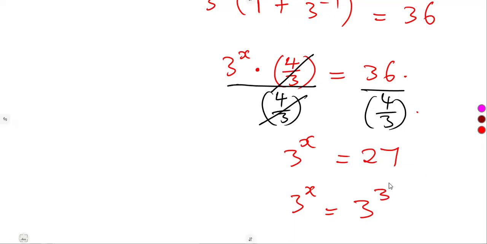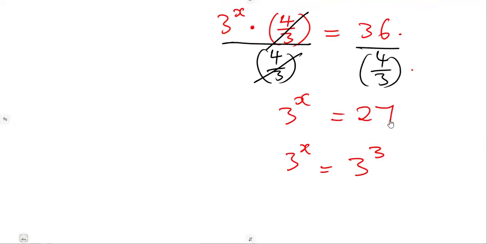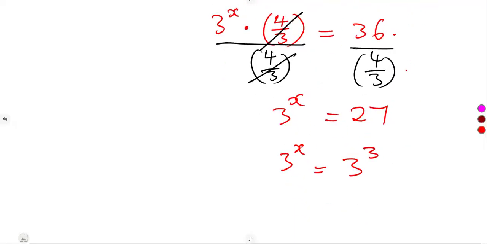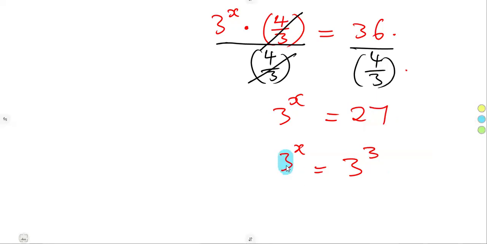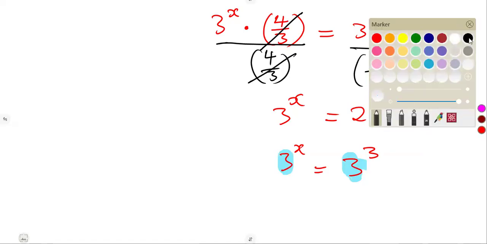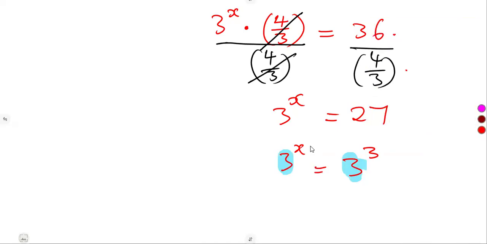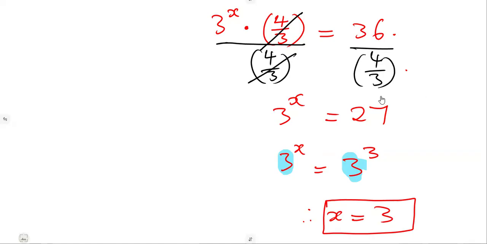Of 3. Which gives us the power to equate the exponents, since the bases are the same. Remember, we say exponents automatically will be the same. So therefore, x is equal to 3.